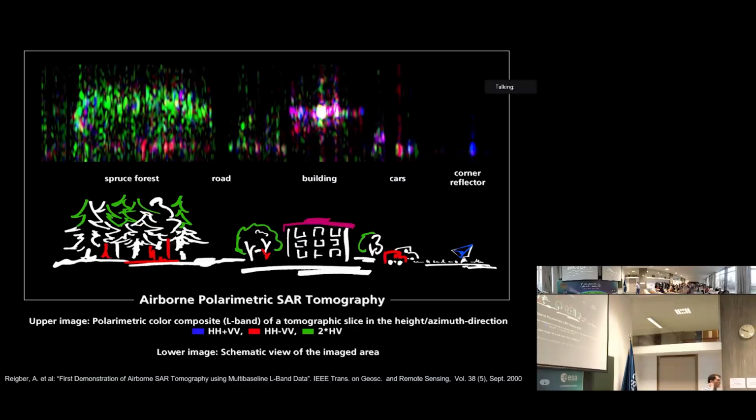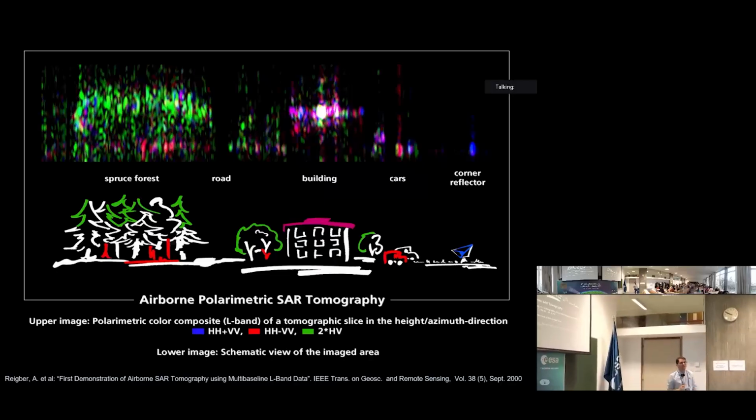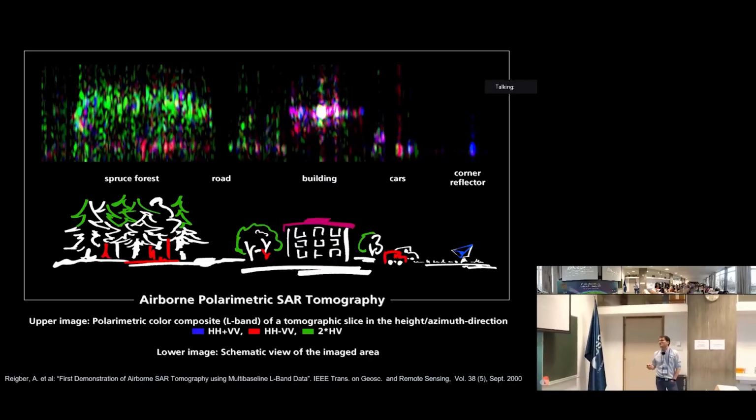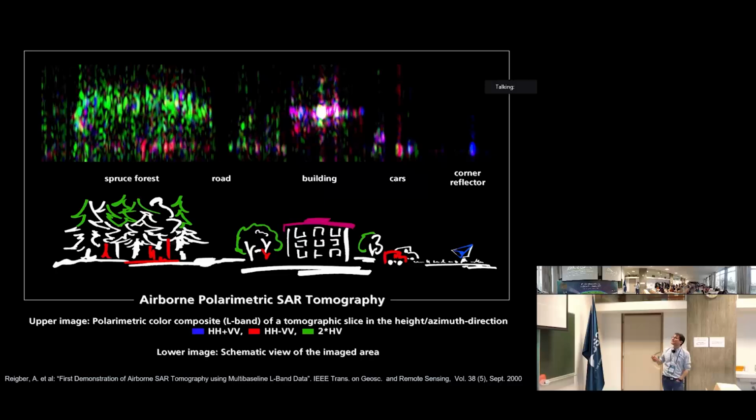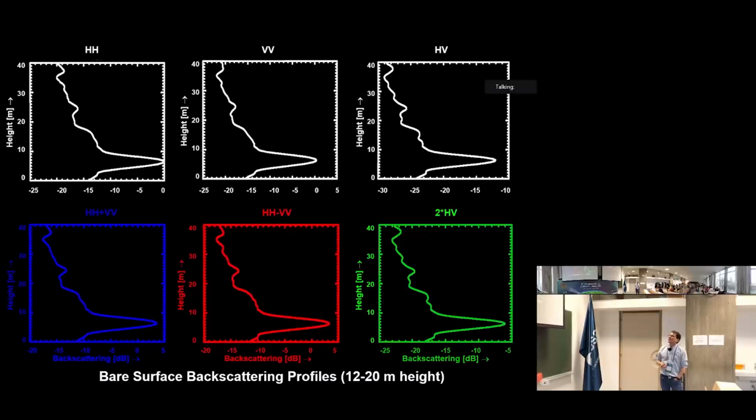This Pauli component, HH plus VV, is normally maximized when you have an odd number of bounces, while it becomes red when you have an even number of bounces. Indeed, this was a trihedral reflector.